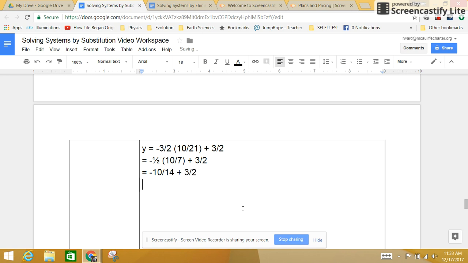I need to express 3 halves with a common denominator. I could go ahead and turn that into 5 sevenths, but that's not going to help me because I'm going to be multiplying the 2 in the denominator here by 7 again anyway. So I'm going to get negative 10 over 14 plus, multiplying top and bottom by 7, 21 over 14, and I'm going to end up with 11 over 14 for y.